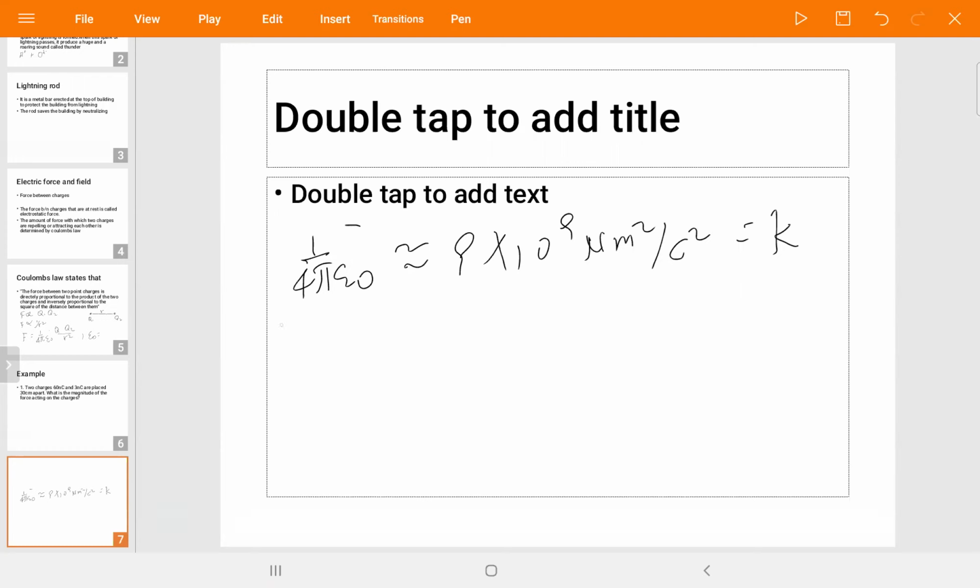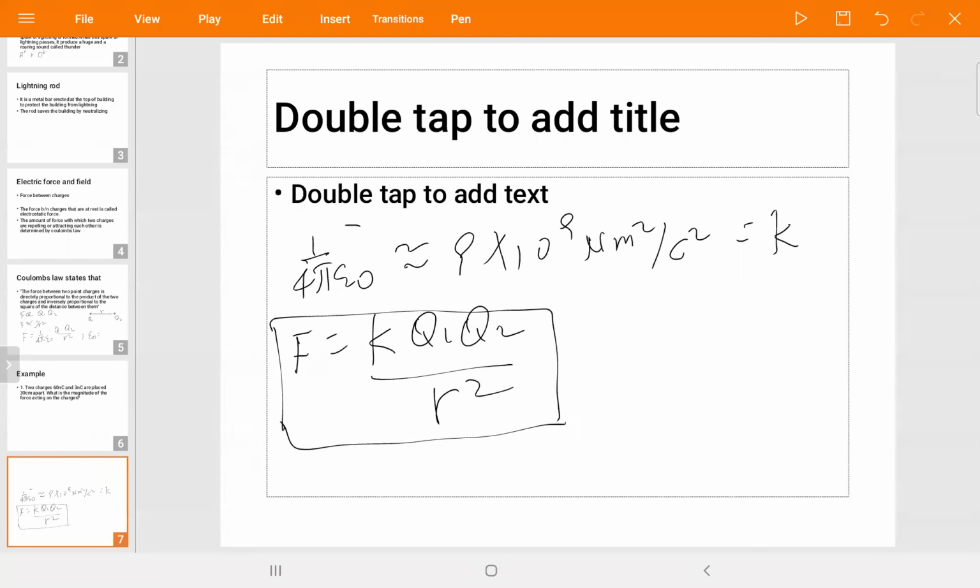Therefore, we can rearrange the force as K times Q1 Q2 over R square, where K is the electrostatic force constant, equal to 9 times 10 raised to 9 Newton meter square over Coulomb square. This is a very reduced form of electrostatic force.